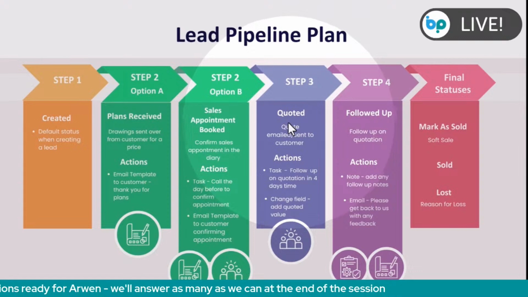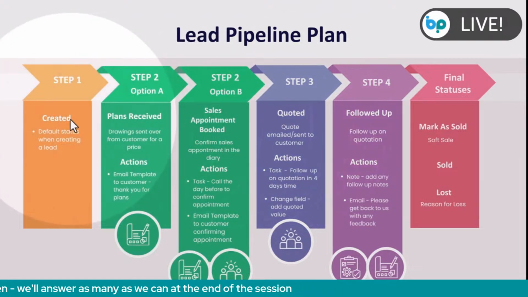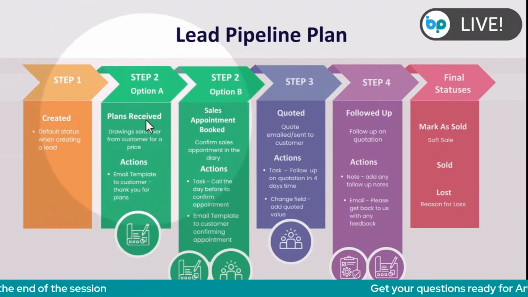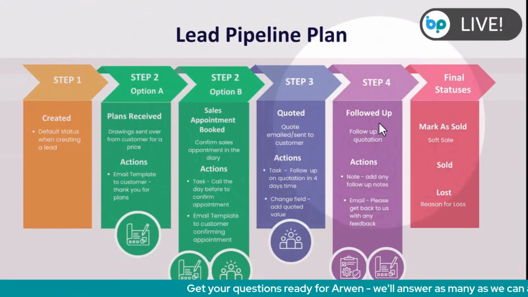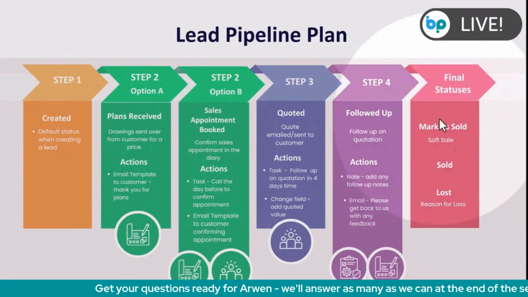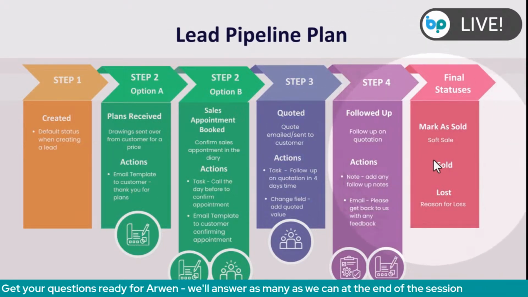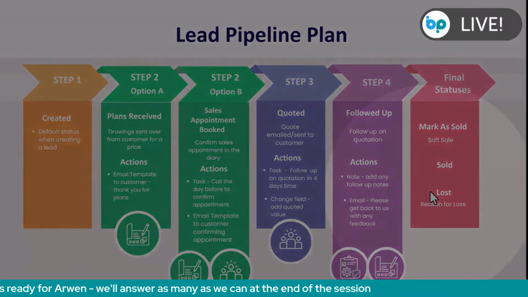I think what the most crucial step is here is mapping out that initial process. So I'm starting at point of creation. I'm thinking about every possibility that can happen from within that lead process and what I'd ideally want to be able to reflect from within my pipeline.